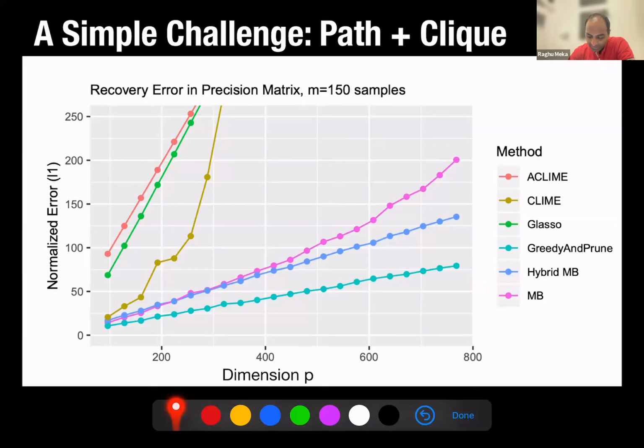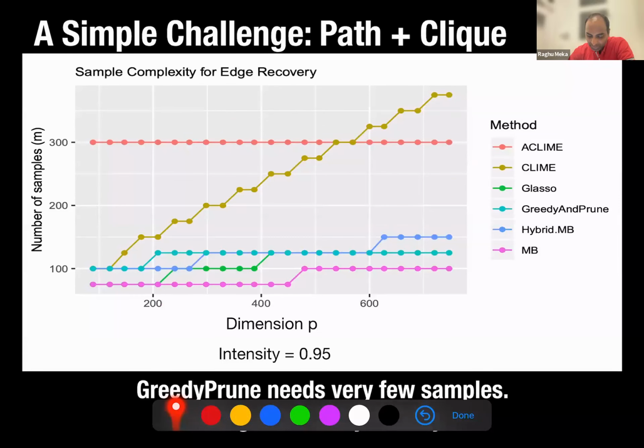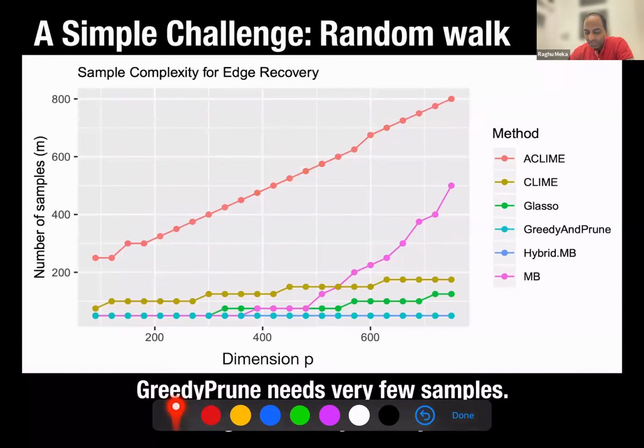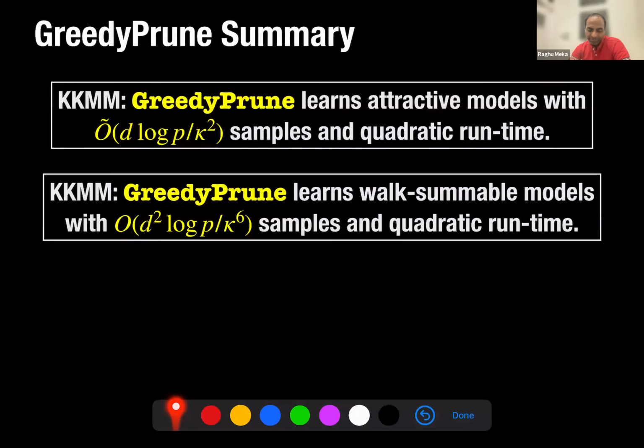Every algorithm kind of gets beaten by greedy prune more or less. I can tell you more about these plots if you're interested, but the summary is that, changing the edge weights, greedy prune is consistently performing well, whereas all other algorithms fail in one setting or the other.